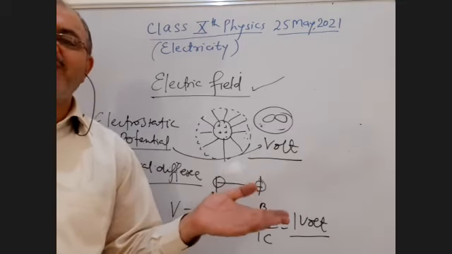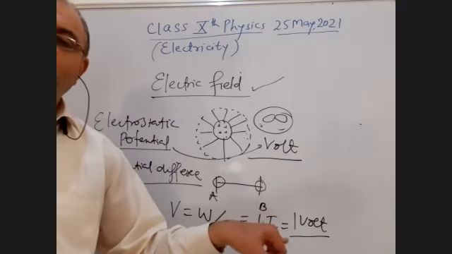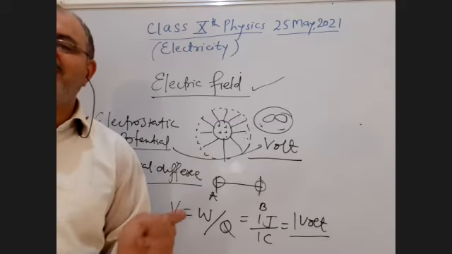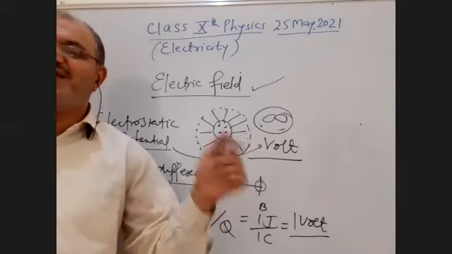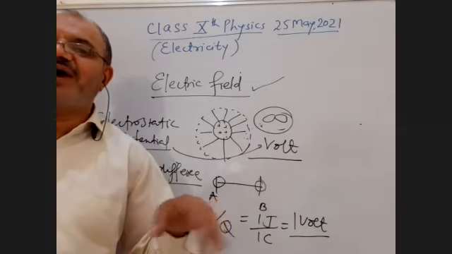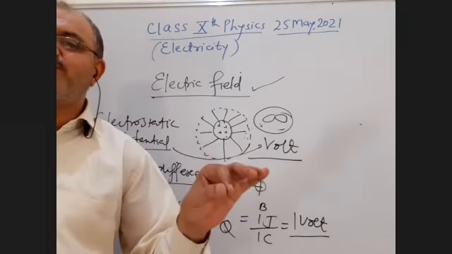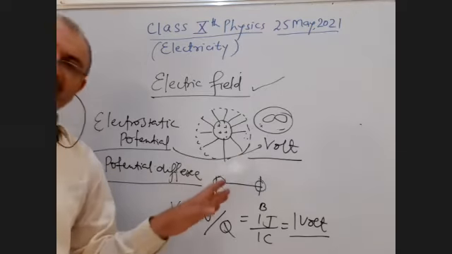Why is the voltmeter connected in parallel? The voltmeter is connected in parallel in the electric circuit, students, due to its high resistance, and the voltmeter is used to measure the potential difference. A very, very important concept.